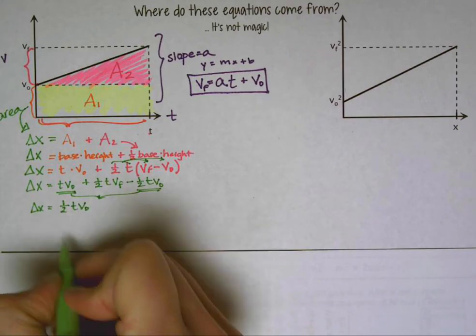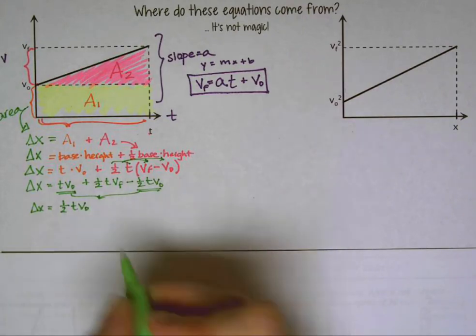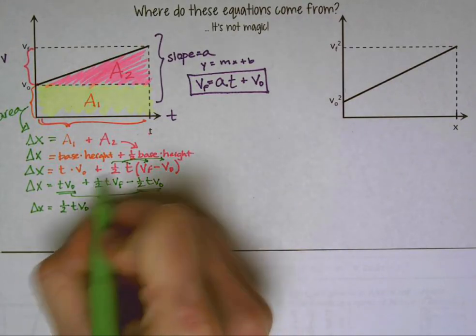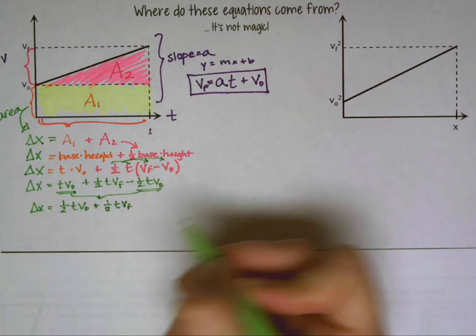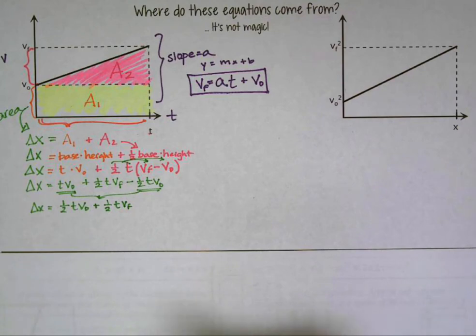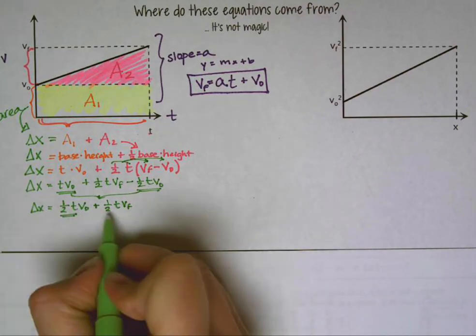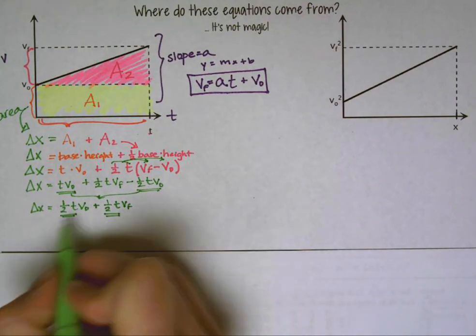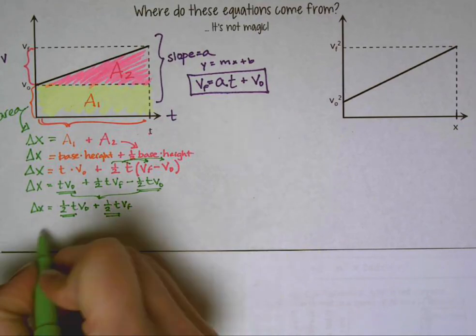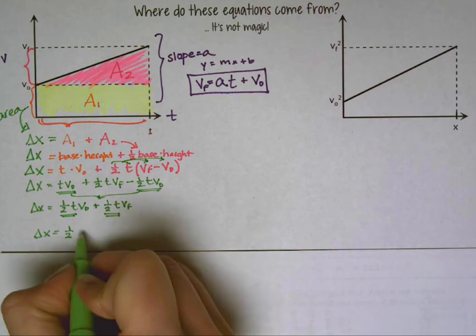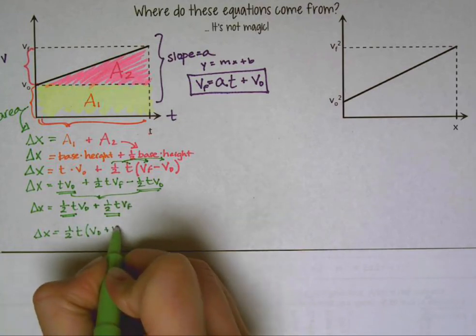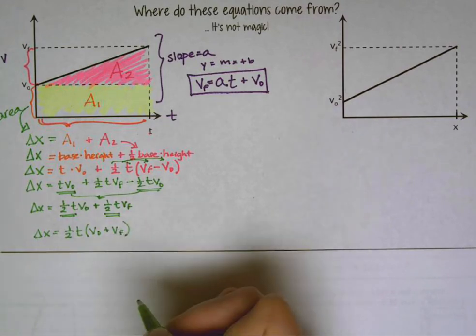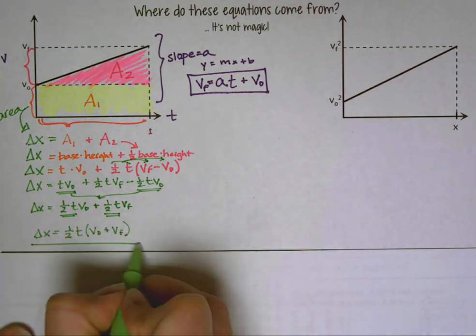Then we have left plus 1/2 t vf, or v final. We can now see that we have this common term, 1/2 t, and take that out to simplify how it looks. So displacement equals 1/2 t times v naught plus vf. This would be another equation we could get.